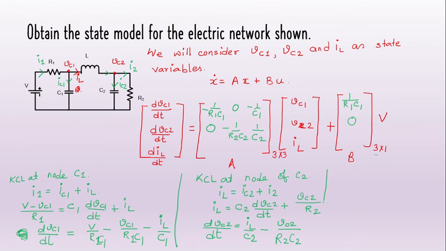Now I would like to get the third one, which is associated with the current through the inductor. How can I write it?